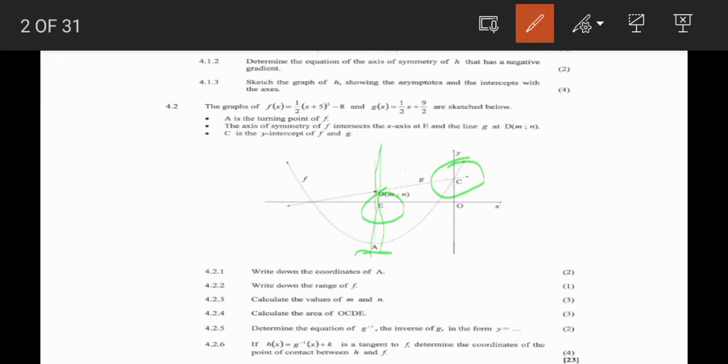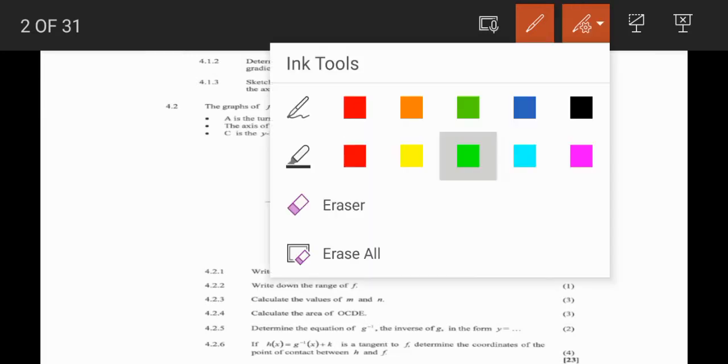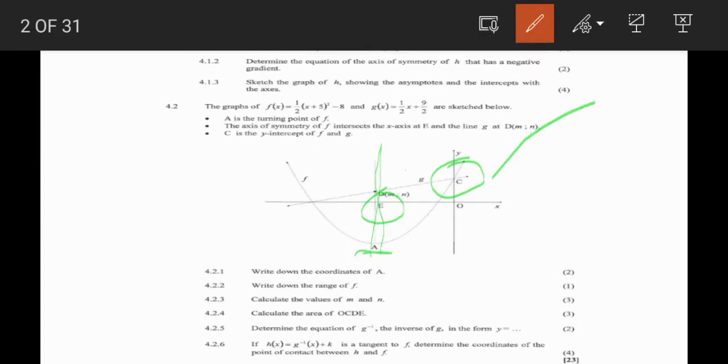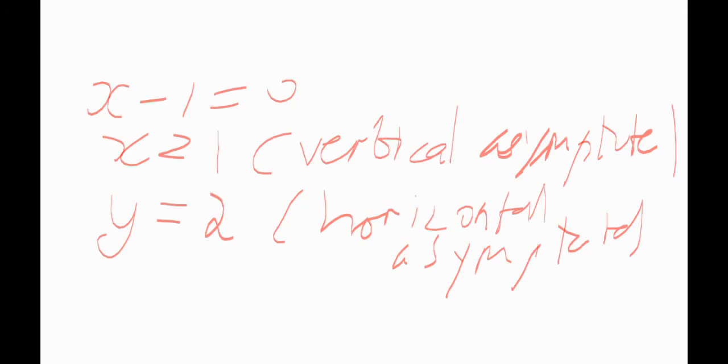Now again, quick revision of the parabola graph. So if you are given a parabola graph in this form, y equals a (x minus p) squared plus q, so it can be a plus or minus here.